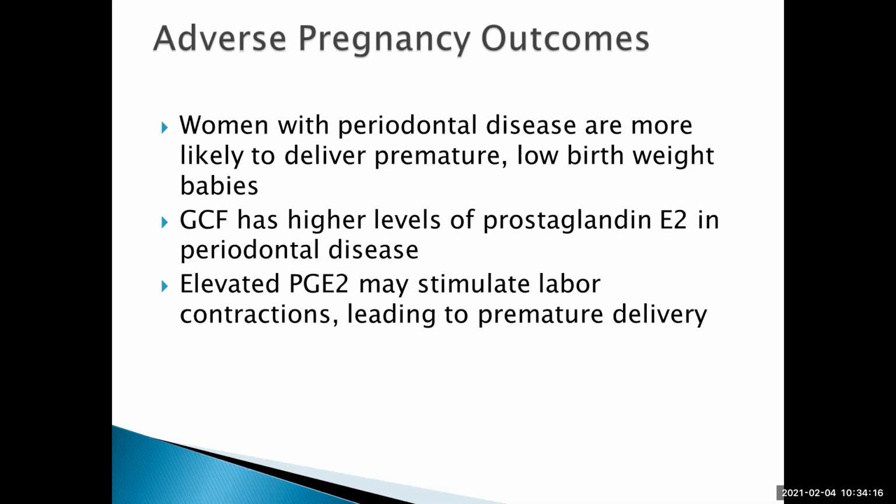Prostaglandins create or stimulate uterine contraction. So an elevated prostaglandin E2 may stimulate labor contractions, leading to premature delivery. So periodontal disease could lead to premature low birth weight babies.